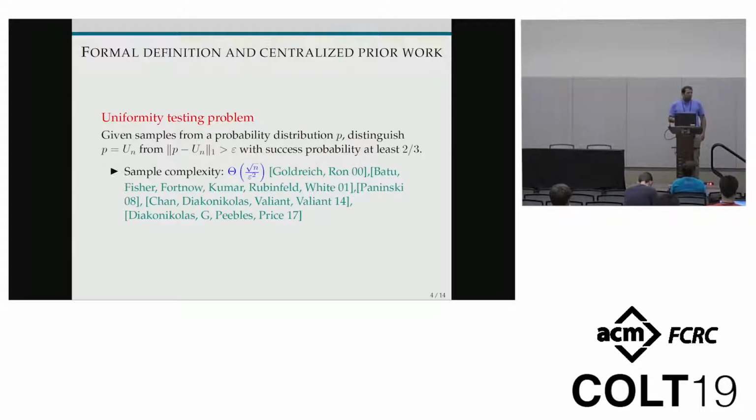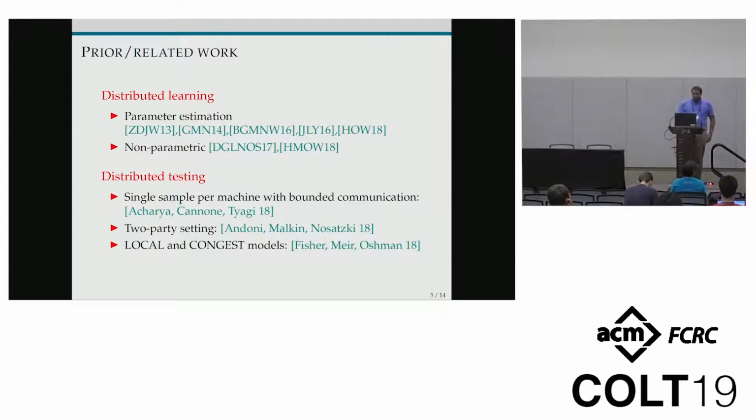For the problem I just talked about, over the last two decades there has been a lot of work that has pinned down its sample complexity to root n over epsilon squared, both upper and lower bounds. Now, what happens when we have those constraints?